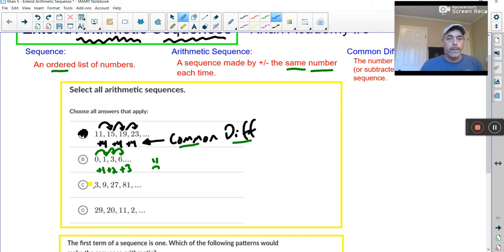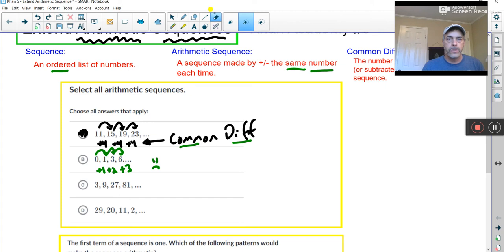Okay, so I'm looking at this and I'm thinking, well, to get from 3 to 9, I could add 6. To get from 9 to 27, I can add 18. That's not the exact same thing each time. There is a different pattern here that I can see.